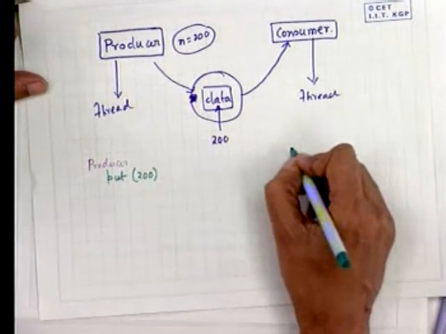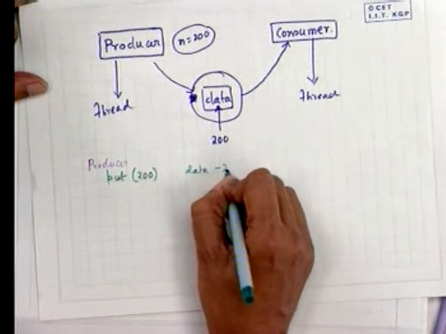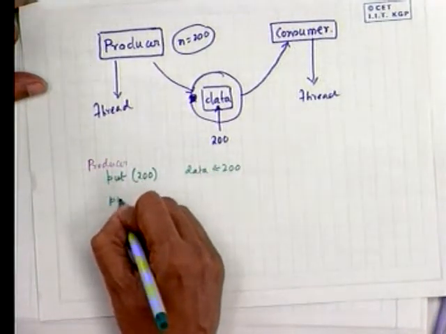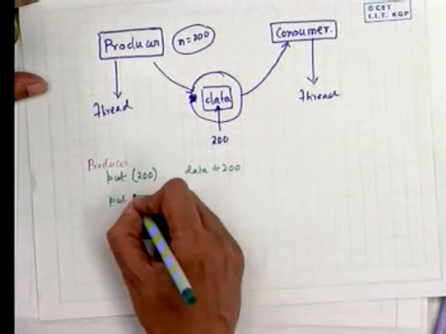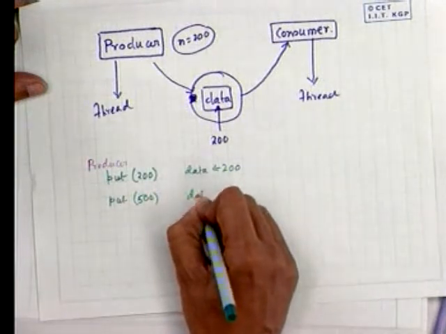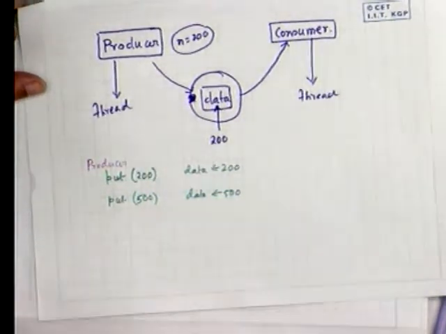The consumer has not done anything yet, so the value of data will be 200, and the old value will be lost. Then if the producer again performs put, because no consumer may be there, it may be 500, so the data value will be 500, but this value has not been consumed by the consumer because it was started late.